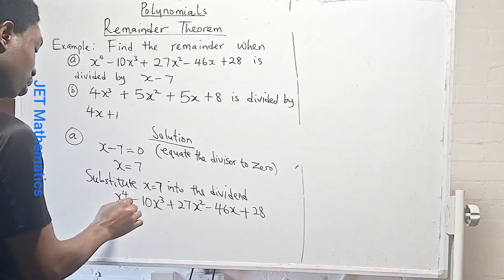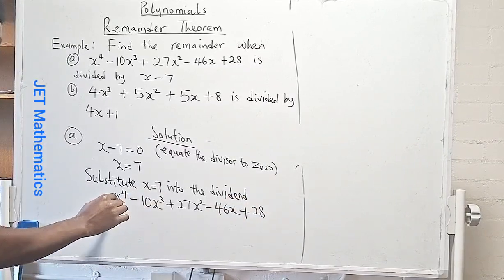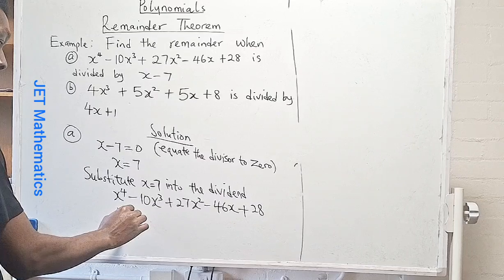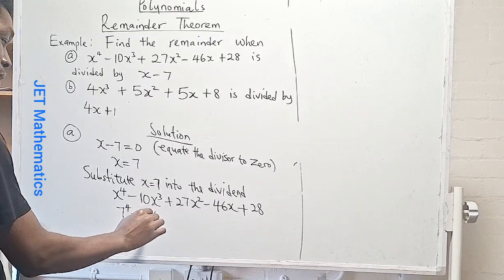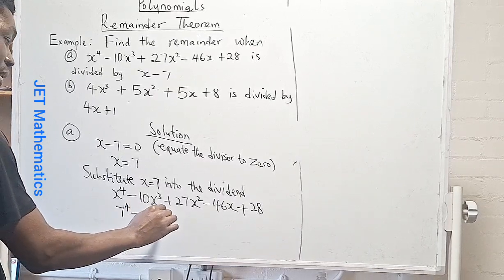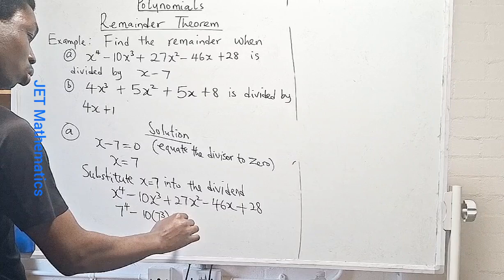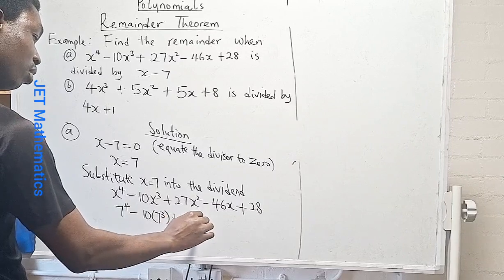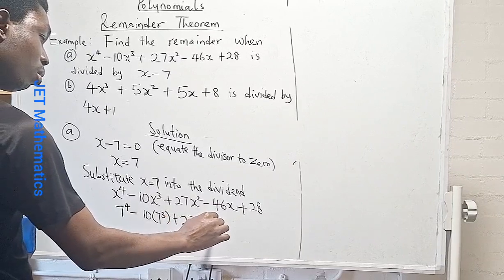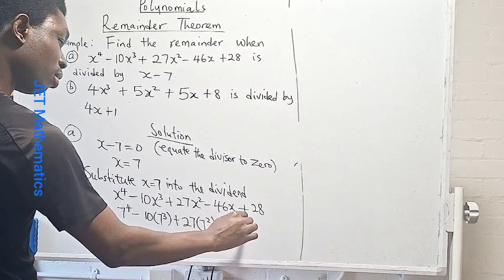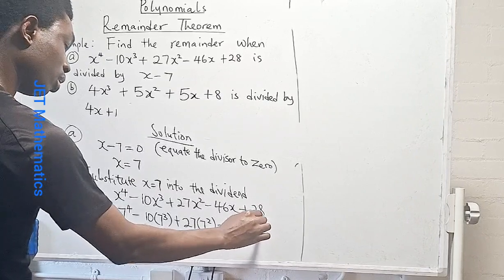Substituting 7 for x, you have 7 raised to the power of 4 minus 10 bracket 7 raised to the power of 3 plus 27 bracket 7 raised to the power of 2 minus 46 bracket 7 plus 28.